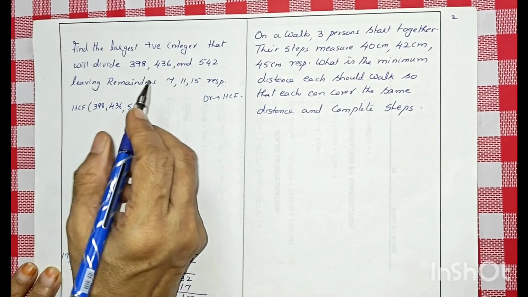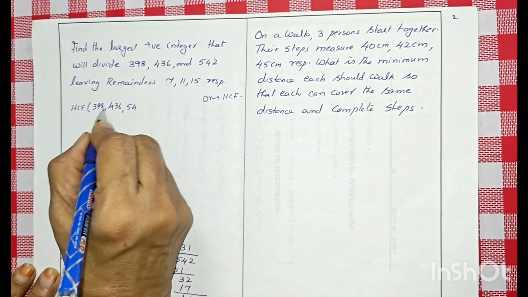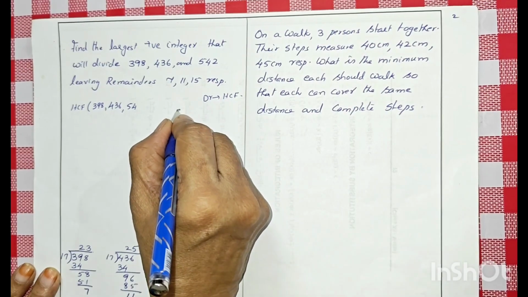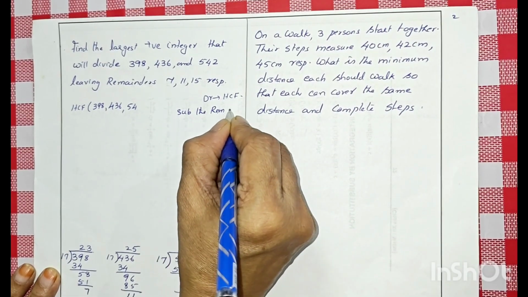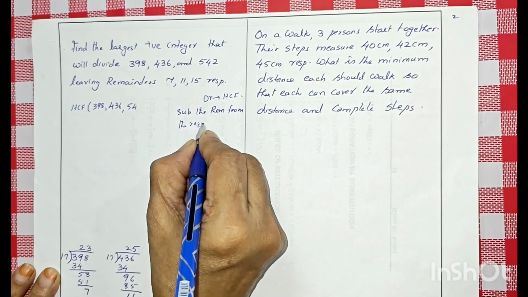Sorry, you will not find the HCF of 398 directly. You will have to subtract the remainders from the respective numbers.